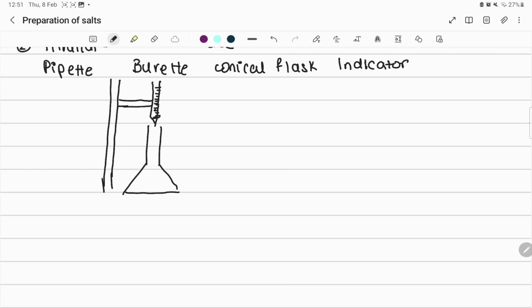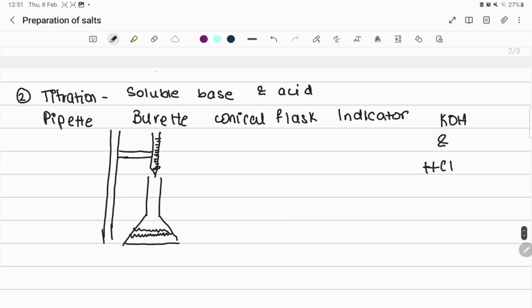So over here, you will have your alkali. I'm going to use the example of potassium hydroxide and hydrochloric acid to explain this method. So over here you have your potassium hydroxide, and you have added your alkali by using the pipette.